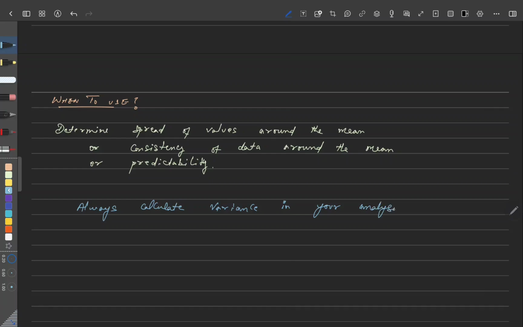Okay, because just like in our case, the mean ripening time of both the data sets was 72 days, right? So it wasn't giving us much. And as soon as we calculated variance, we saw a lot of difference. So do calculate it always in your analysis.